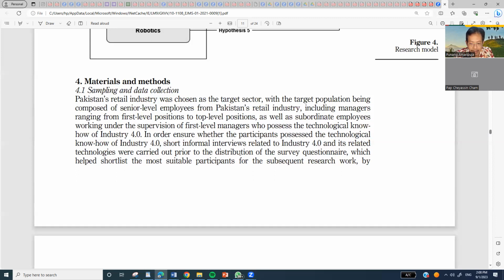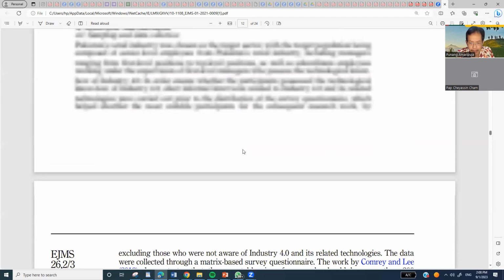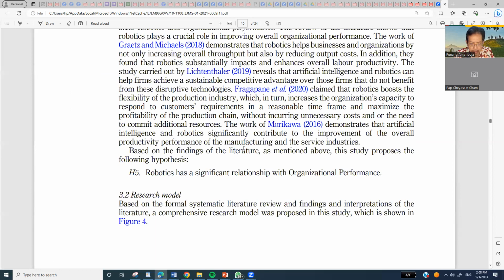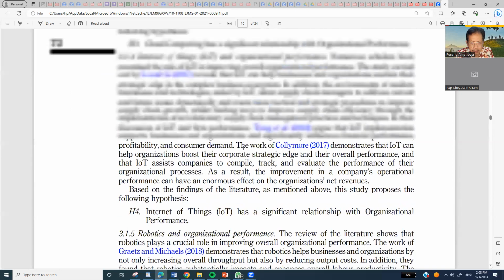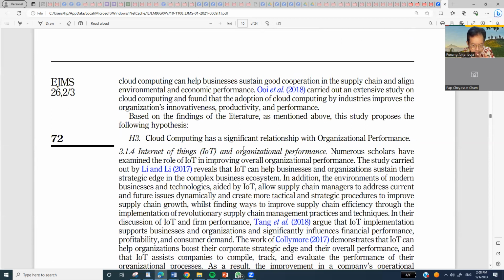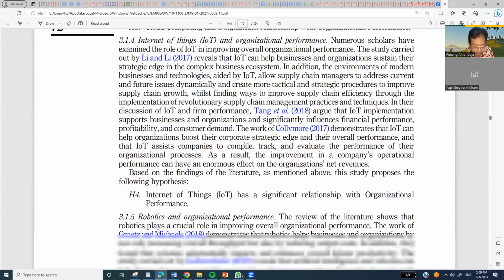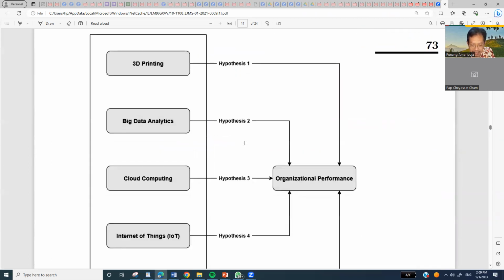Okay. And then here I think it might be, let's say, perceptional questions. Maybe this one would directly be asking, does Internet of Things affect organizational performance? Maybe there are only 5 questions here, asking one of each.